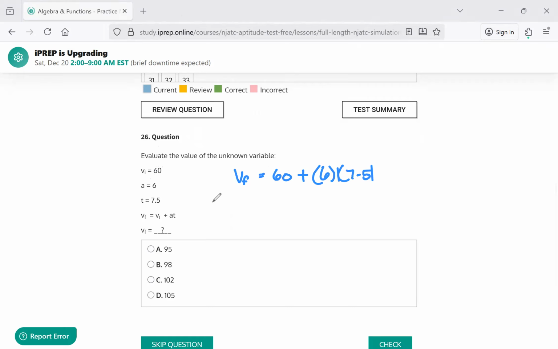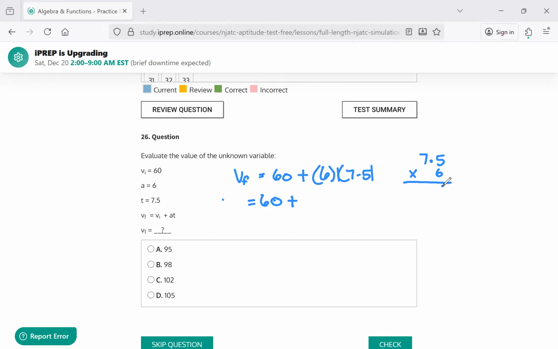So when you put it all together, without a calculator, remember we can't use a calculator, so what is 6 times 7.5? So it's like 7.5 times 6.